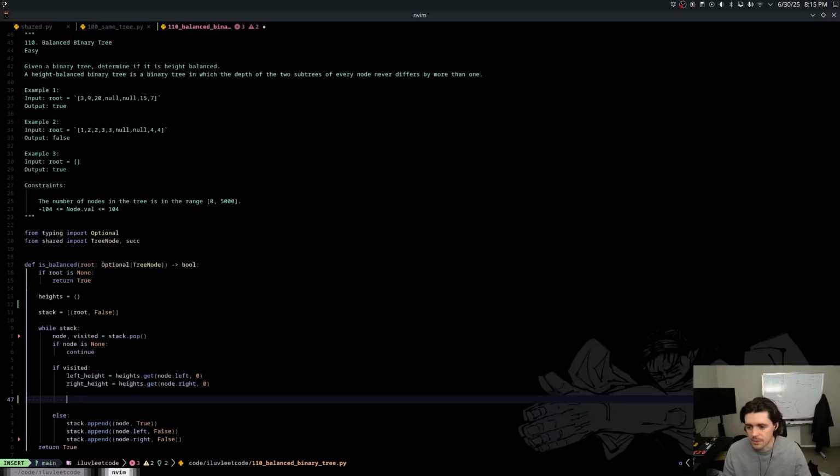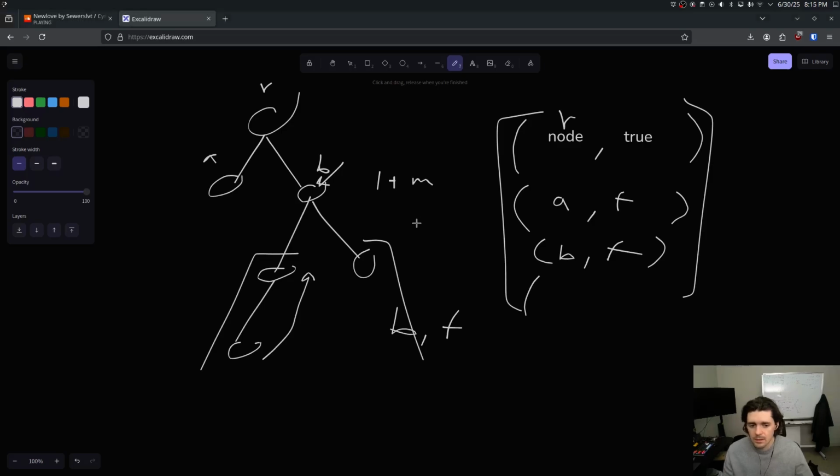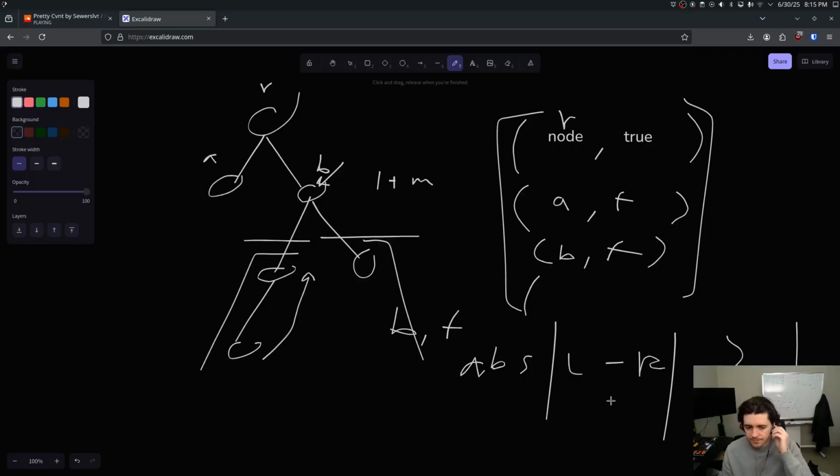Here we do the comparison to check to see if, yeah, I kind of missed out in the drawing diagram, but basically when we're computing the left and right subtrees, we just compare if the absolute value of the difference of left and right is greater than 1, well, we break.